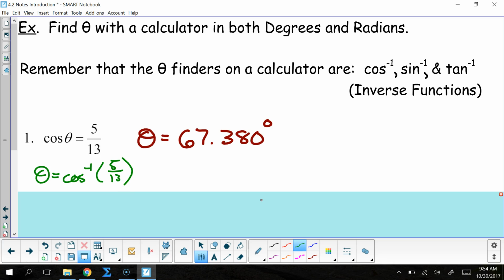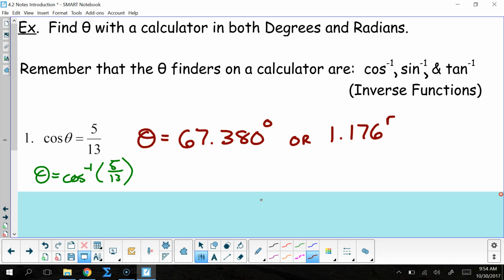In radians, that gives me 1.176 radians.